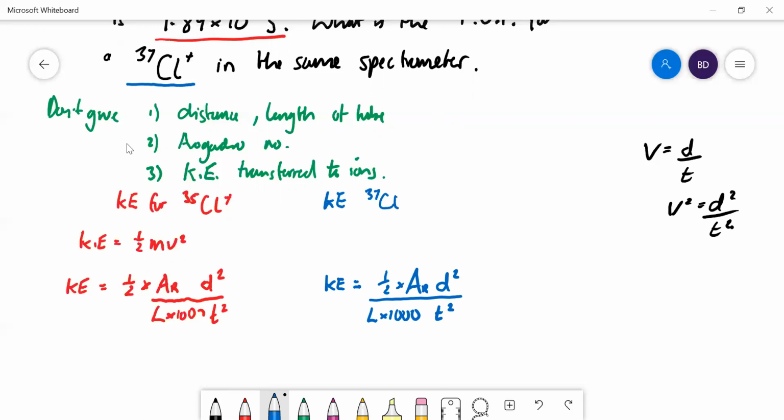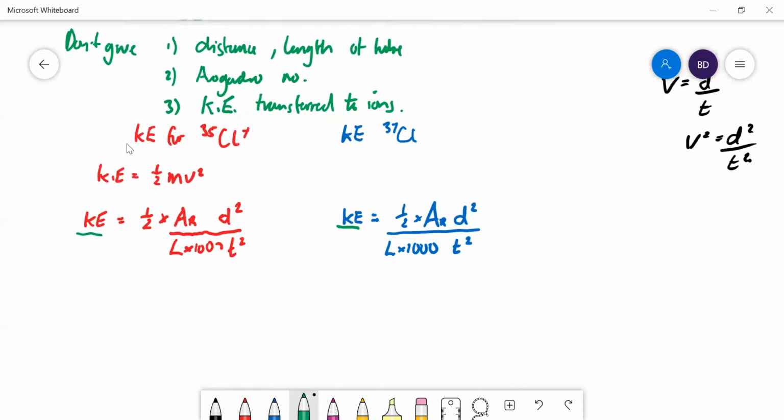Now, what do we know about the kinetic energies? They're equal to each other, aren't they? So we can put those two equations together.